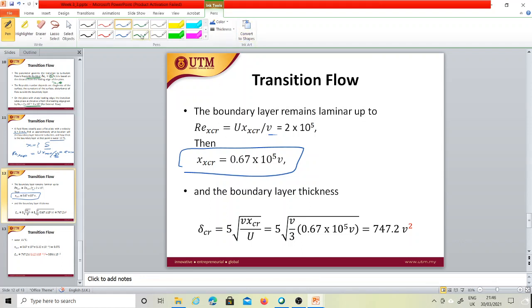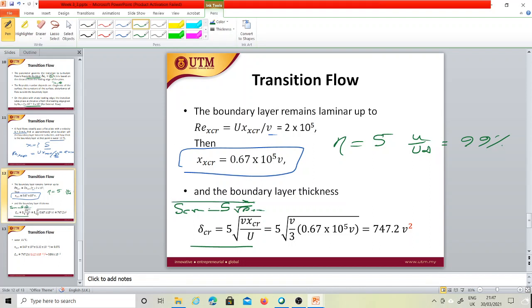Okay, this is the answer already, and the next one is the boundary layer thickness. If you remember, in the case of the gaseous form, we found that when eta is 5, u by u infinity becomes 99%, or 0.99. So from that equation, we know that delta critical is 5 root over of mu x critical by u. Before, we had that delta critical is 5 x over root Re x.